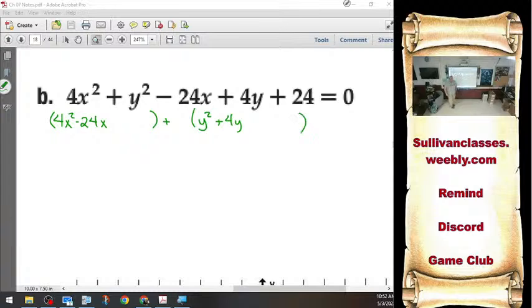And all of my not x or y stuff to the other side. Meaning, subtract 24, put the constant over there. Okay? So, step 1 to complete the square was variables over here, constants over there.